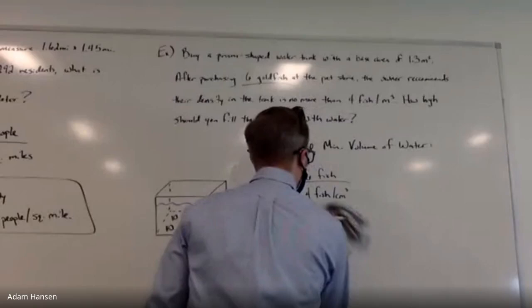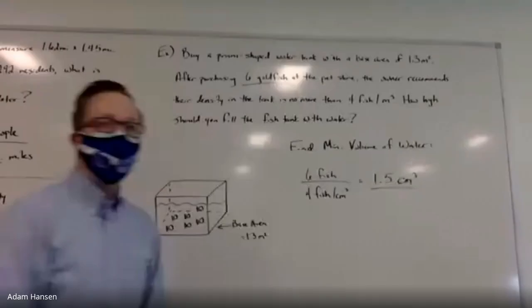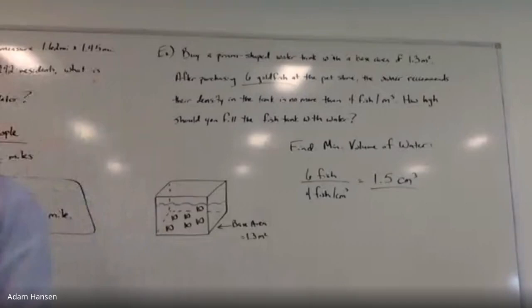Okay. So I have to have at least 1.5 cubic centimeters of water so that the fish have enough space to swim around. Got that part figured out first. Put at least 1.5 cubic centimeters of water in the tank for my 6 fish.